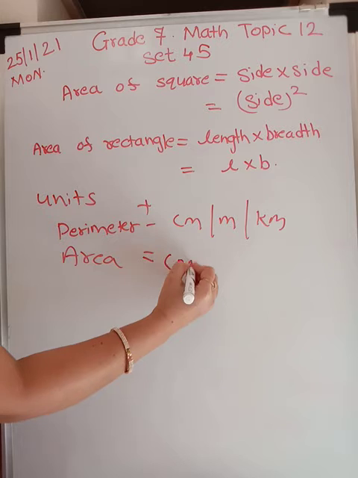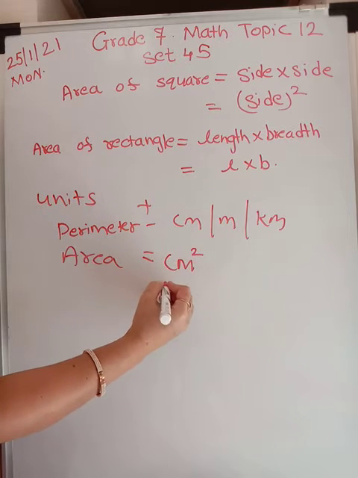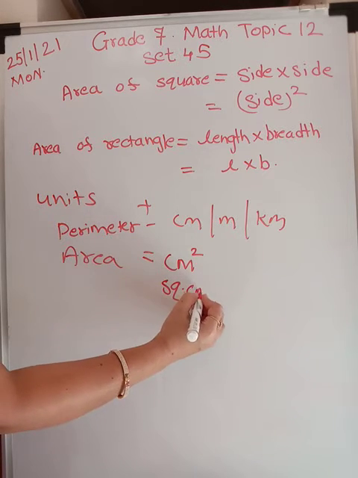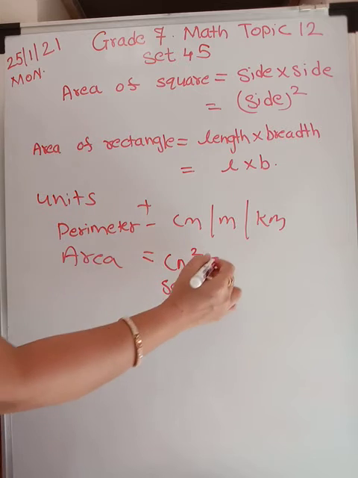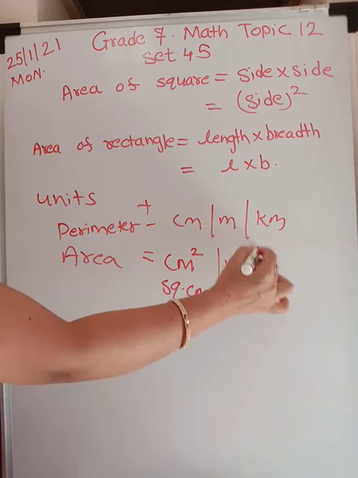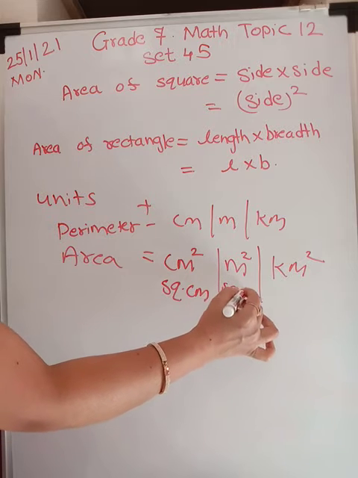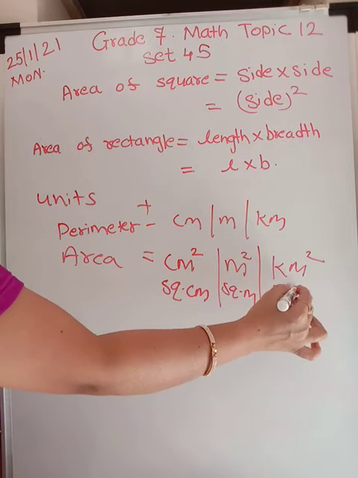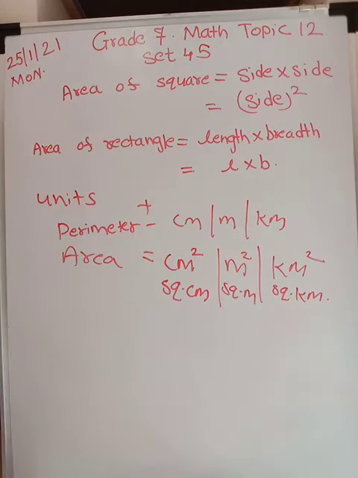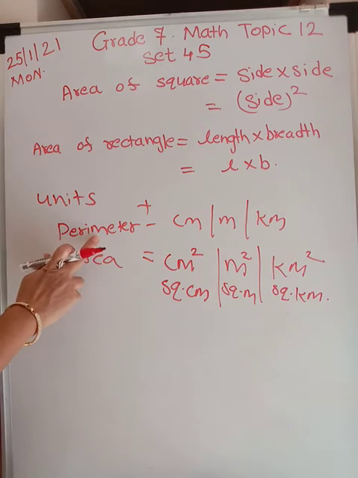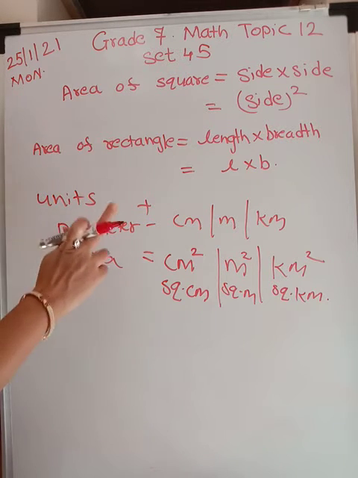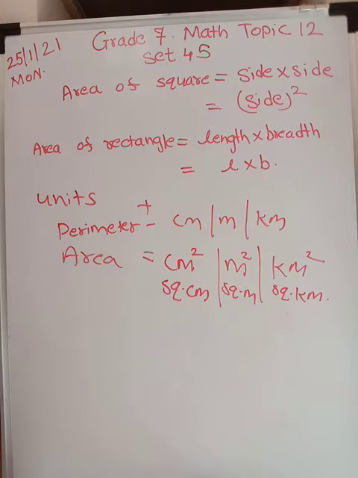Therefore this is going to be centimeter square, or it is also written as square centimeter. These two are same. Or you can write it as meter square or kilometer square, or square meter or square kilometer. Is this clear? Check out the units of perimeter and area, otherwise you will lose your marks in the exam if you put wrong units.